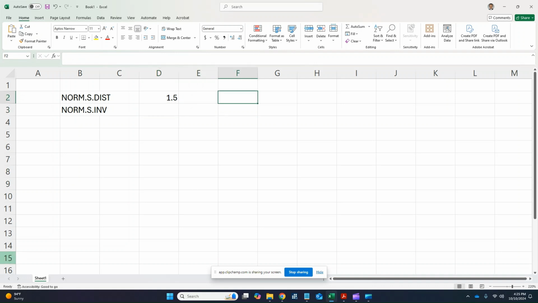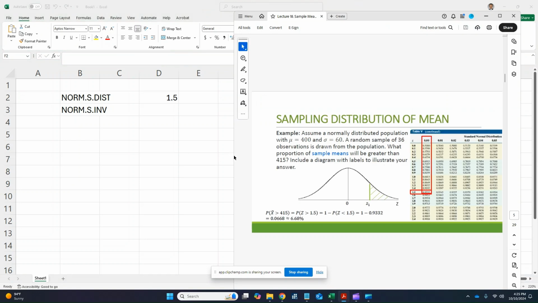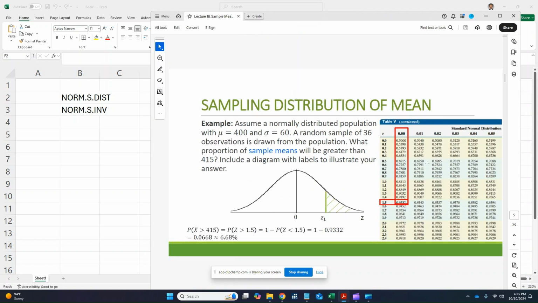So now I can use this 1.5 to check the probability of the area to the left of this point, 1.5. So this is the probability of the area left of z1.